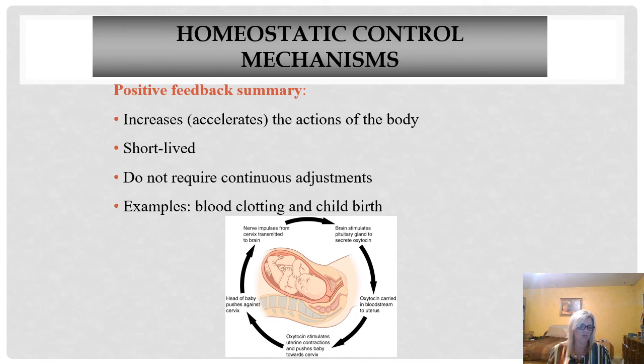That's going to go into the bloodstream and cause stronger contractions of the smooth muscles in your uterus, which is going to push that baby further down, cause greater stretching of the cervix, more oxytocin release, more forceful contractions. You can see how this is going to keep ramping up and cycling up. So stretching of the cervix then at some point is going to stop, and then the release of oxytocin will stop, and so forth.